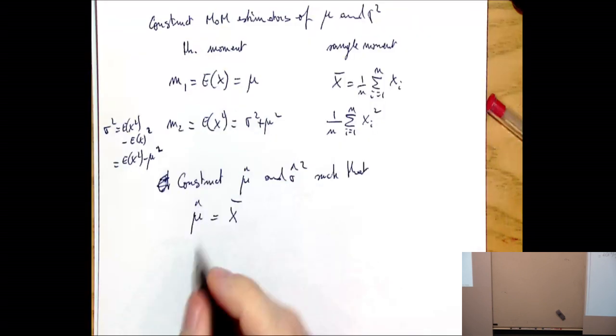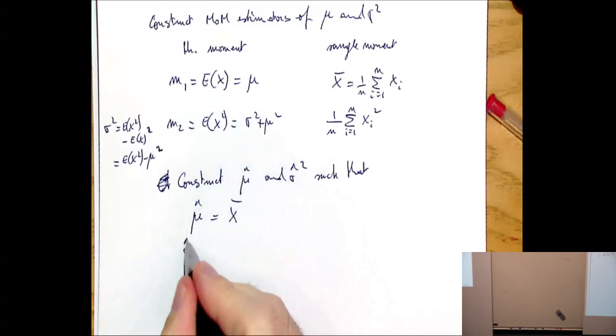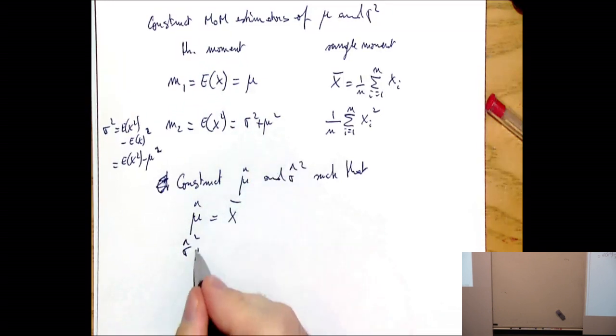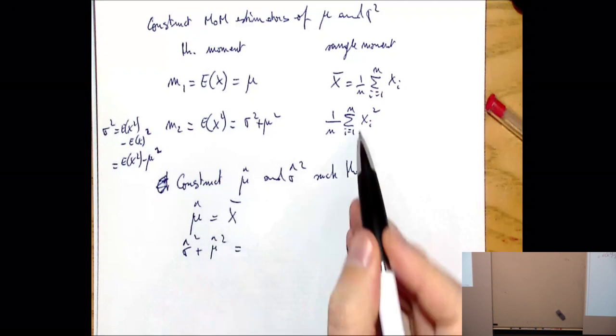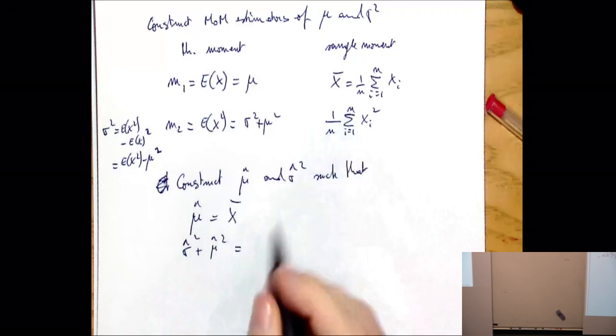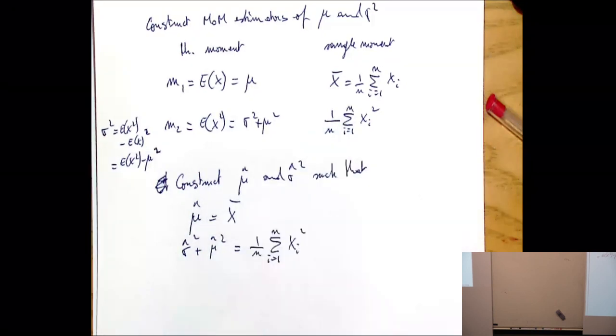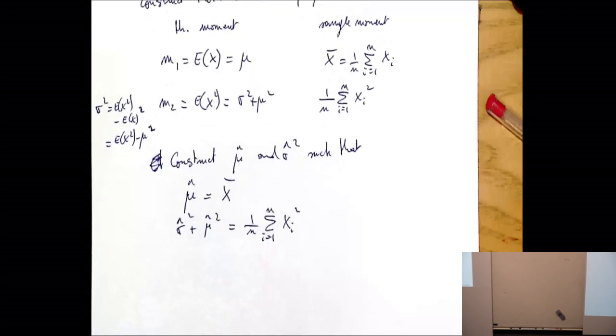And here, the estimator of the variance plus the square of mu hat should be equal to 1 over n times the second sample moment.